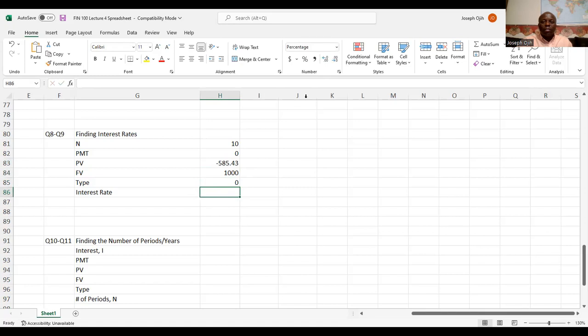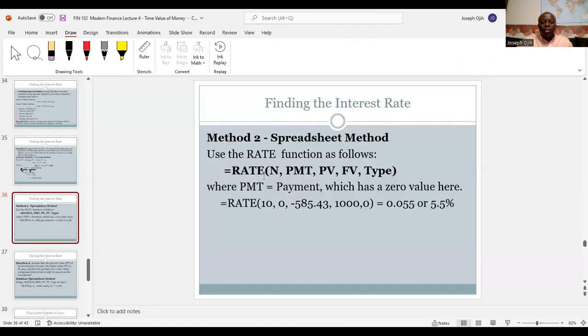Now let us calculate the rate. Remember the formula. It says equals RATE, then N, comma, PMT, comma, PV, comma, FV, which is future value, comma, and then type.